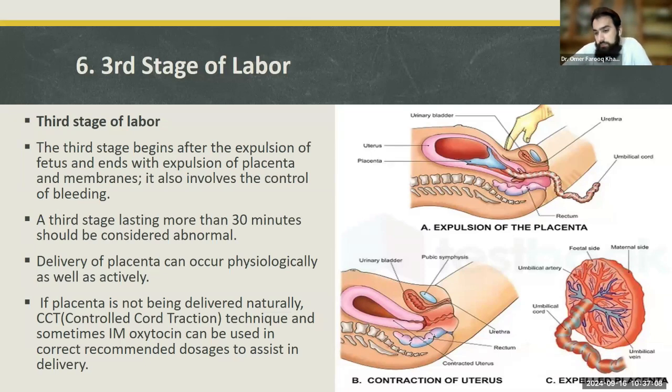This placenta provides oxygen to the fetus and all of the nutrients coming from the bloodstream of the mother. So this placenta is basically the logistical supply chain of the fetus, and after the delivery of the baby, it should be delivered as well.